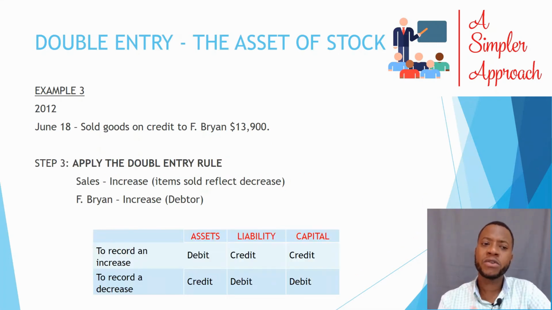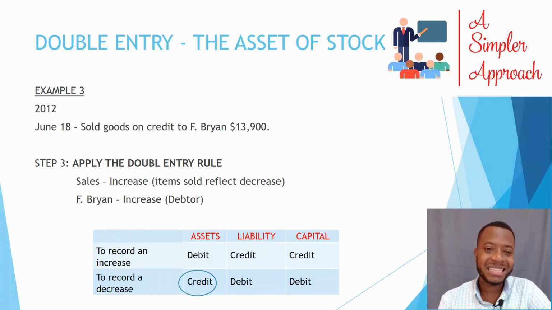Now we head to step 3, where we apply the double entry rule. Sales speaks to the asset of stock being sold. So we've identified that stock, being an asset, is decreasing, and when an asset decreases, we credit. As for F. Bryan, he is a debtor.